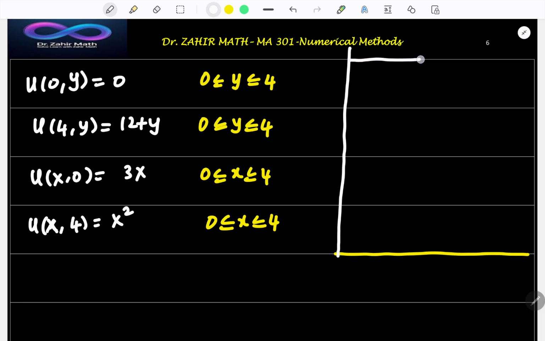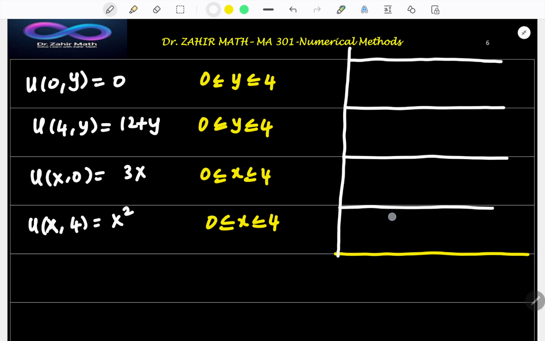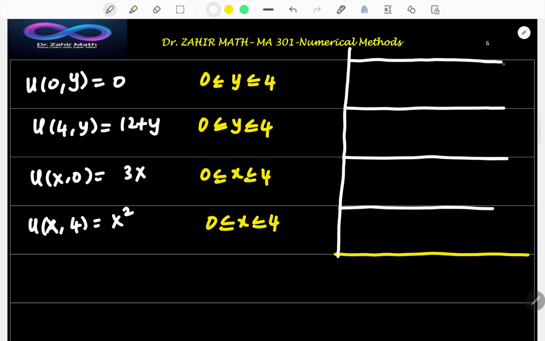So this is 1, this is 2, this is 3 and this is 4. Let me close it here with a straight line. So this is 1, 2, 3, 4 like this, and this is 1, 2, 3, 4 like this.